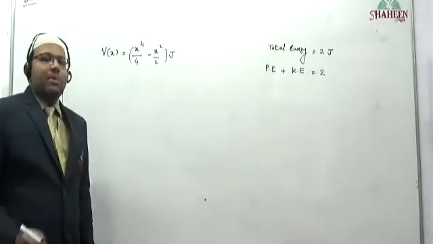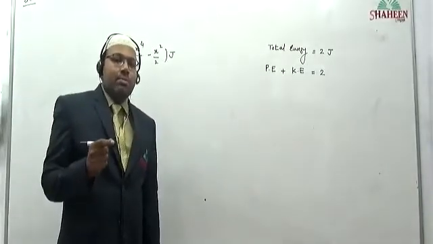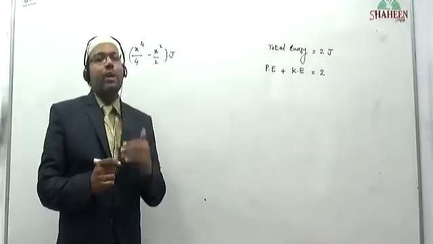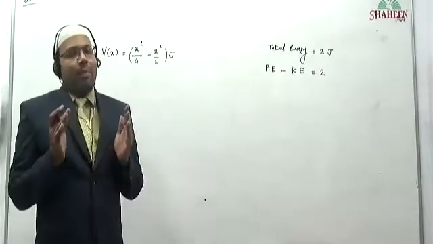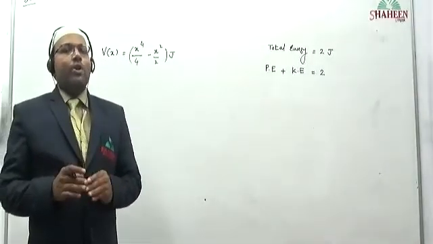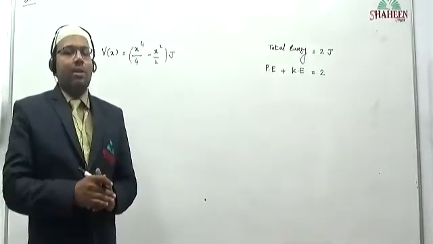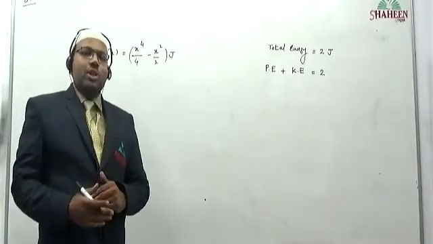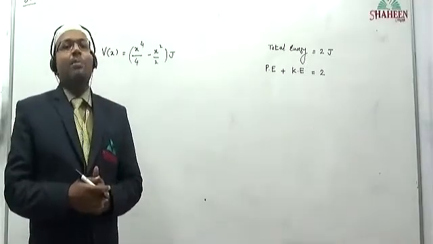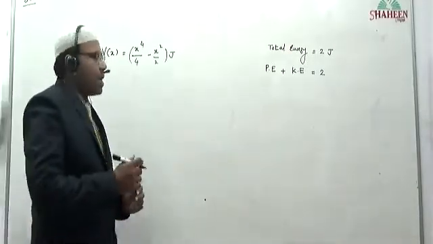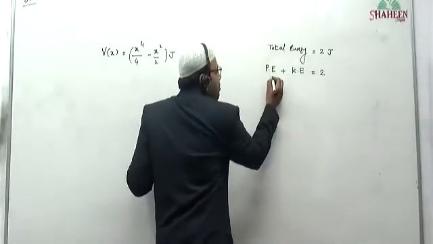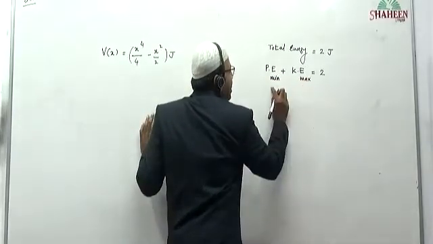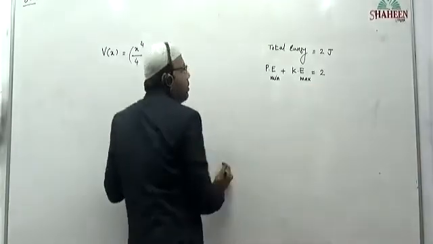So maximum speed means we have to calculate the maximum kinetic energy first, then we can calculate the maximum speed. When the kinetic energy is maximum, the potential energy should be minimum. So I am modifying the formula: maximum kinetic energy and minimum potential energy will be equal to 2.